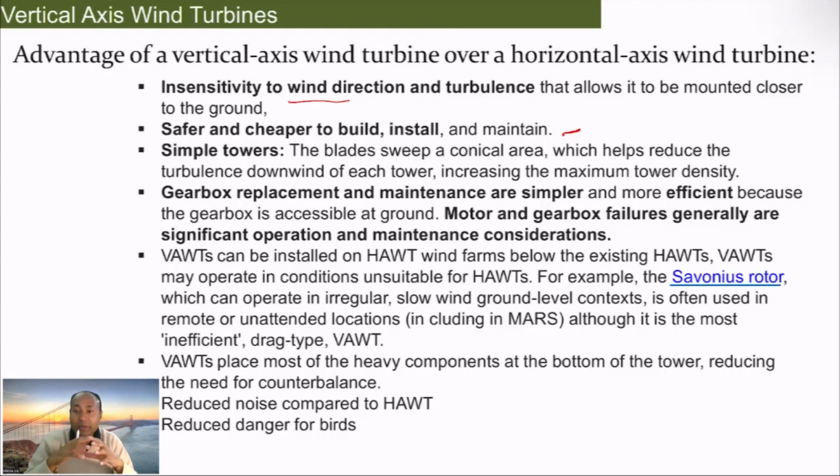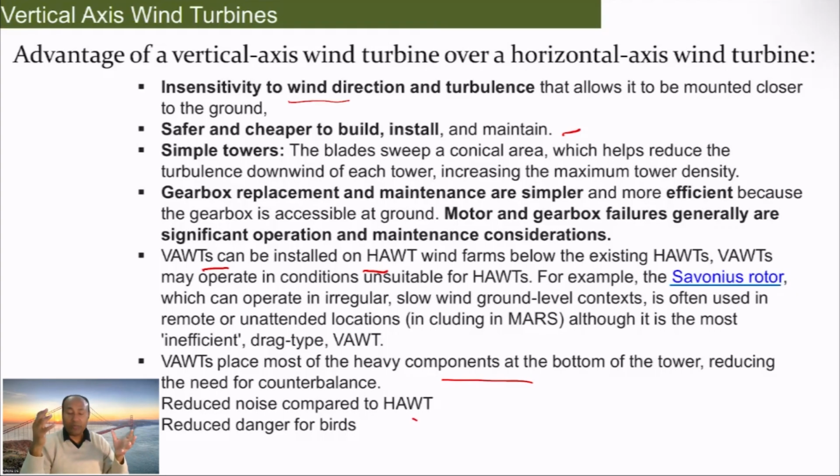So the maintenance becomes absolutely simpler or easier. Vertical axis wind turbines can be installed in a horizontal axis wind turbine wind farm, and also birds and all these things.